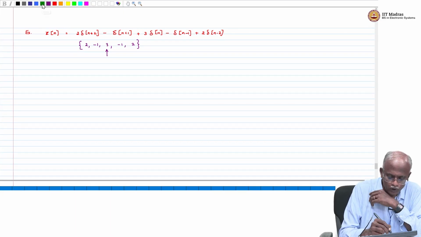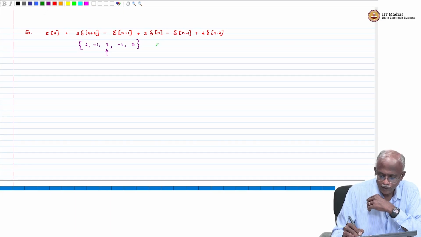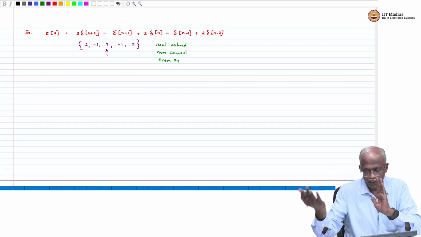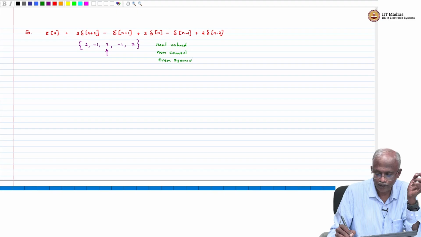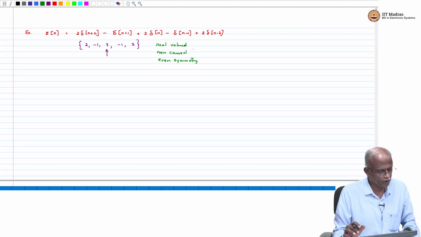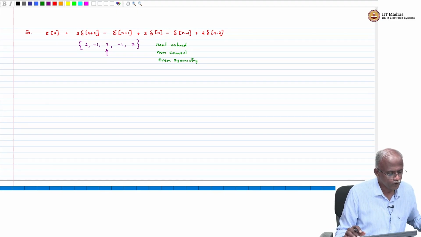Notice that this is a sequence that is real valued. It is non-causal and it has even symmetry. X of n is the same as x of minus n. Again, some things for you to note.